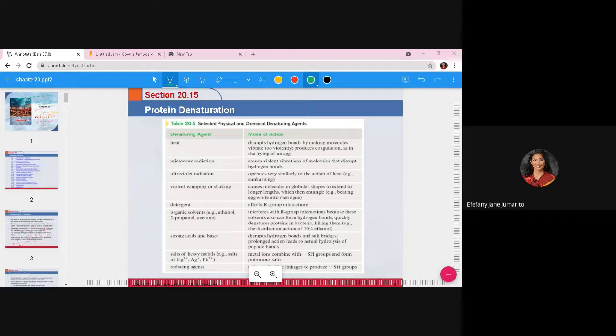Then we have the complete protein, and also incomplete protein. Now, to make it complete, we will complement. So we have complementary proteins.